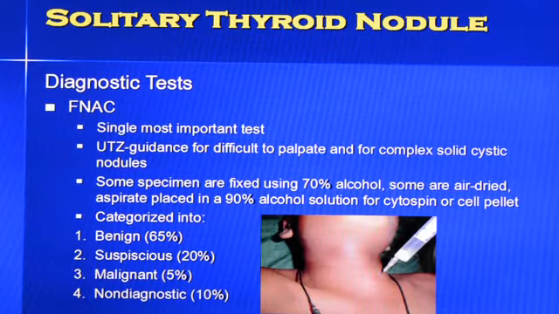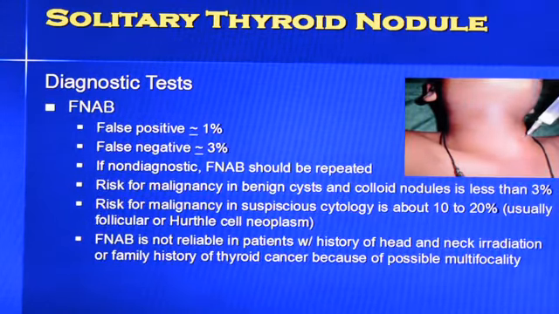They are seen by the pathologists and are categorized as benign, suspicious, malignant, or non-diagnostic. There is approximately 1% false positive and 3% false negative in an FNAC diagnosis.